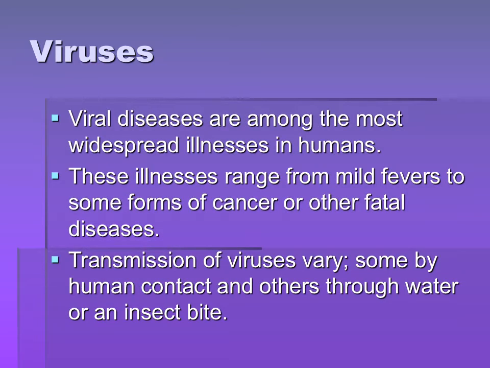Viral diseases, which are diseases that are caused by a virus, are among the most widespread illnesses in humans. And these can range from mild fevers to some forms of cancer even, and other diseases that can be fatal. Viruses are transmitted or passed from person to person in different ways. Some require human contact, others are transmitted or passed through water or an insect bite.